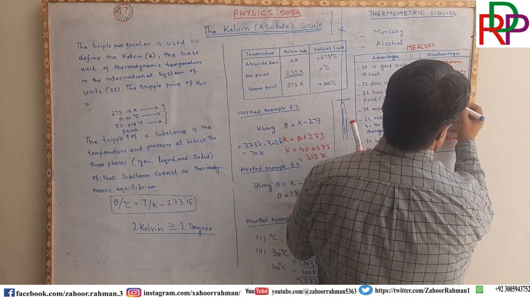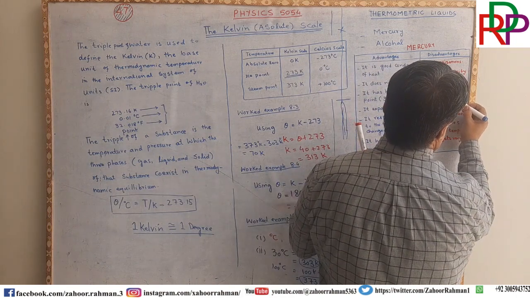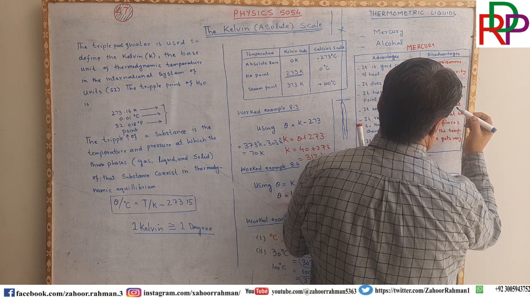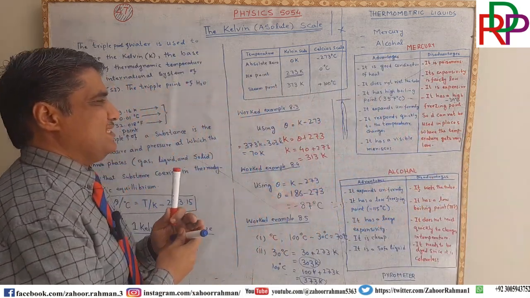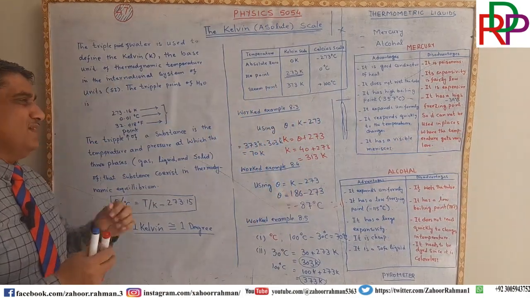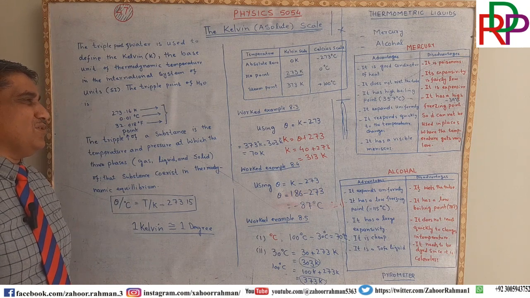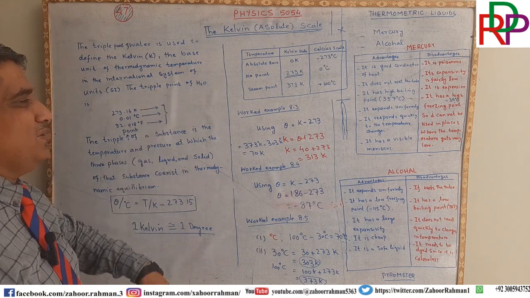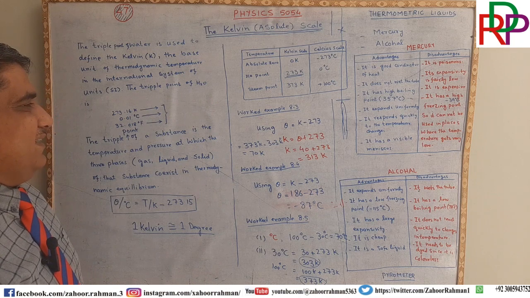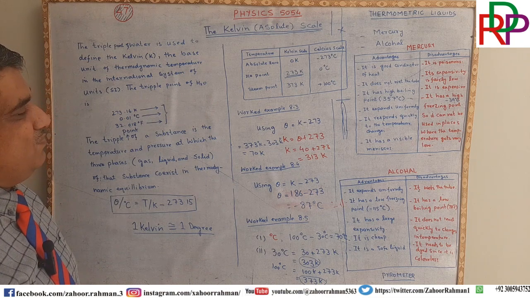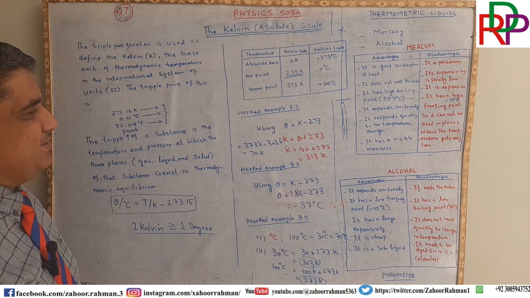So it means that we can record up to minus 39 degrees Celsius, not more than that. So this is also a disadvantage if we are going to the Antarctic region and want to record temperature.